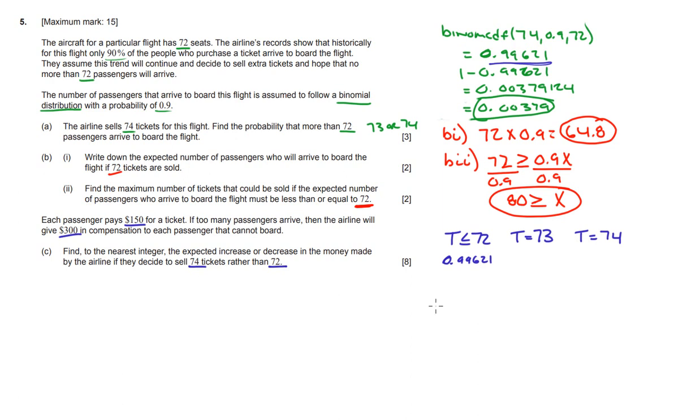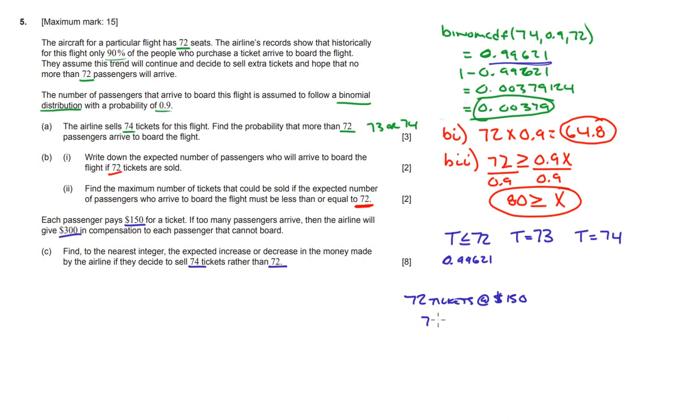Okay. So now if it ends up being these 72, we're not going to have to pay back any money at all. So I'm going to pump the brakes here a little bit. If we get 72 or less, then that's going to be 72 tickets at $150 each, right?